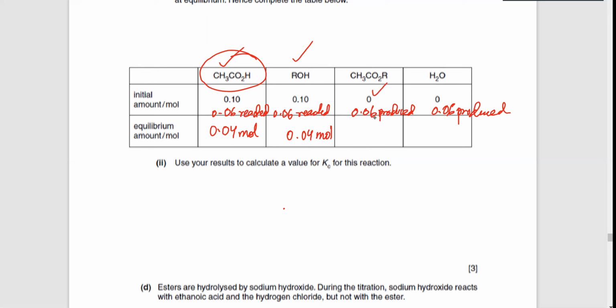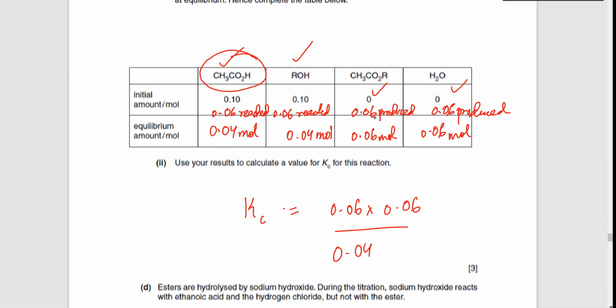So initially you add 0, but now 0.06 got produced. So you have 0.06 moles of this, 0.06 moles of this, and product over reactants, you can find the value of Kc. So it's going to be 0.06 multiplied by 0.06, and everything would be divided by 0.04 multiplied by 0.04.